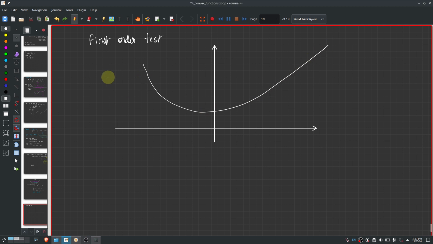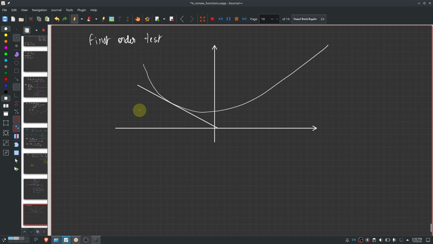So take any convex function, take any point on the curve, the tangent at that particular point is going to lie below the curve. So that was the first order test for a convex function.